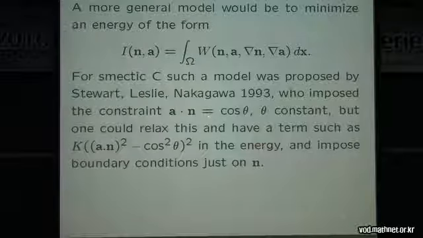It could have been pi by 2, for example, if you'd wanted to do smectic A. Again, you have a bit of a problem with the boundary data, I think. So you could, for example, add a term like this and impose boundary conditions just on n. That would be a kind of reasonable thing to do. So I think that's an interesting kind of model. I've not tried to study it, but they do a lot of studies of this kind of model.